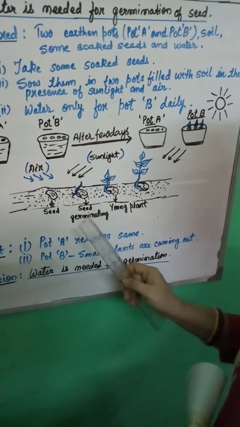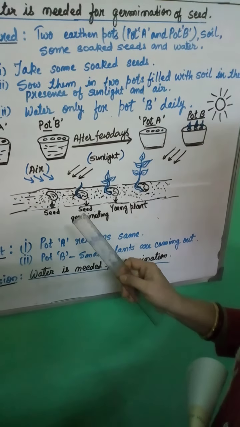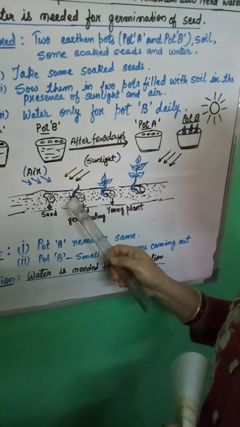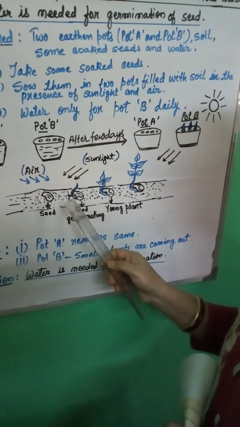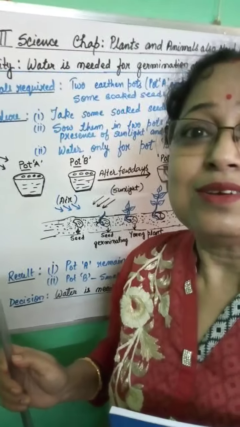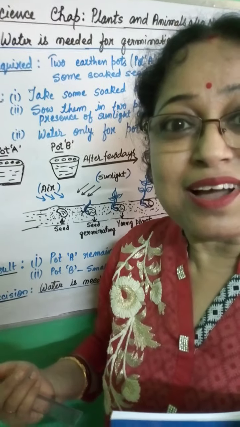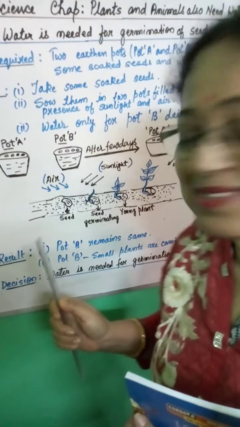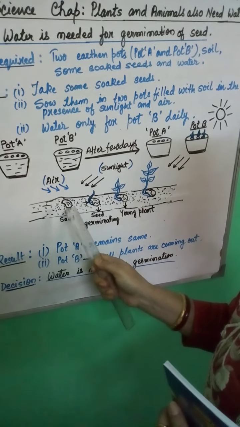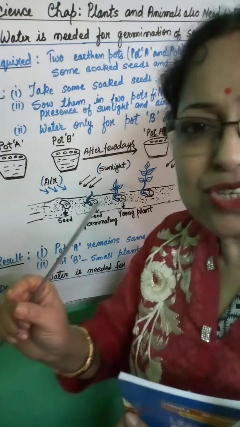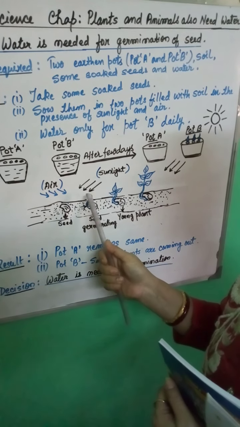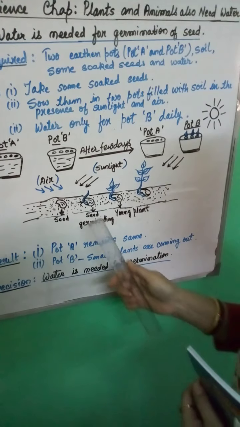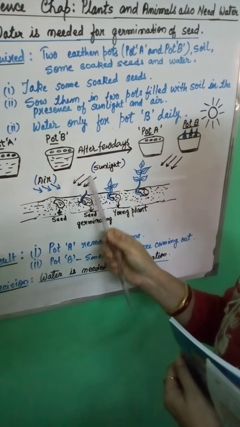The seed is germinating. See, a small plumule is coming out in the second stage. So students, what is coming out? A small plumule. See, I have shown you with the blue marker. Small plumule is coming out.